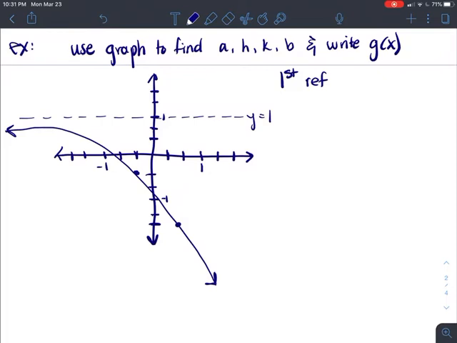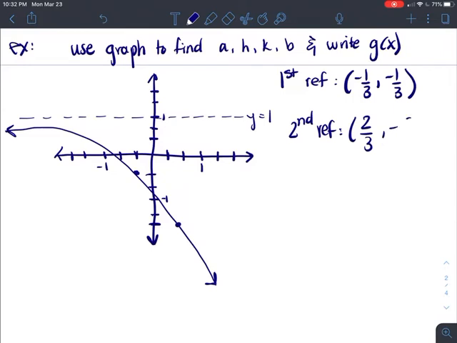So my first reference point is negative 1/3, negative 1/3. And my second reference point is 2/3, negative 5/3. From this information, I can find out that my h is negative 1/3. My k is 1.